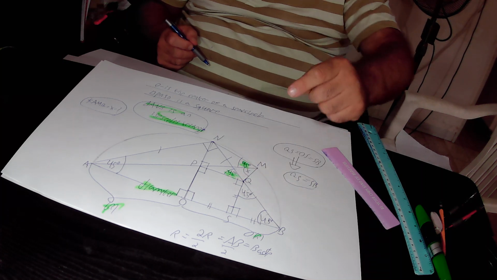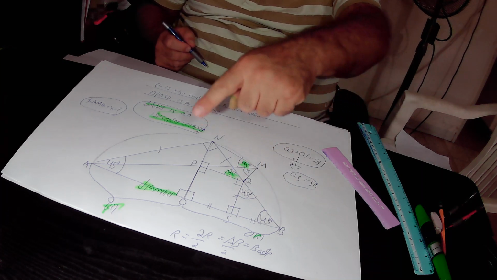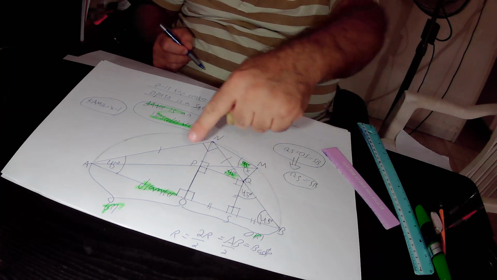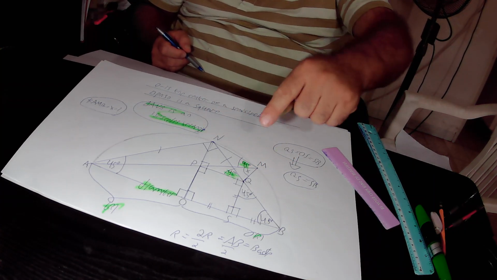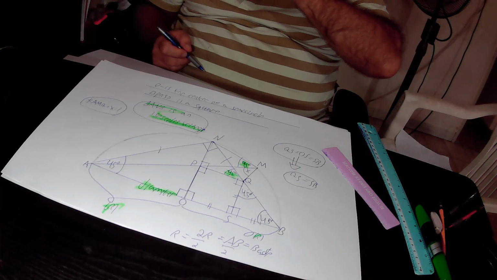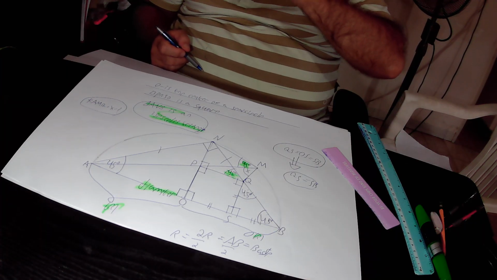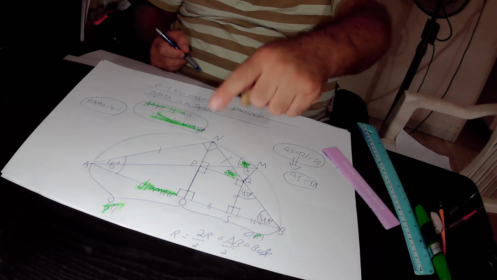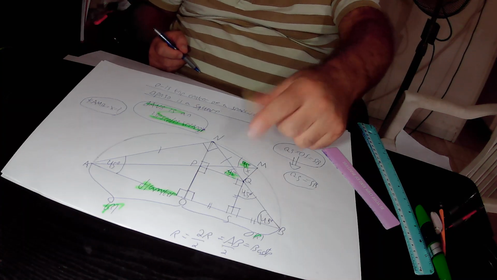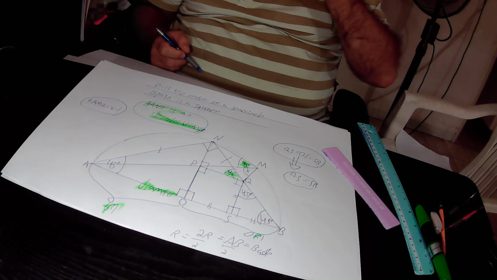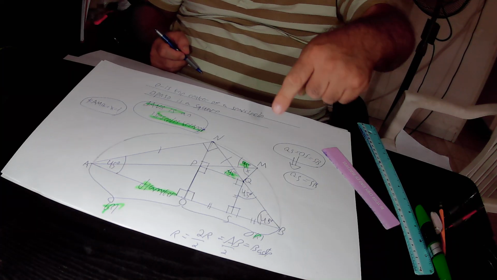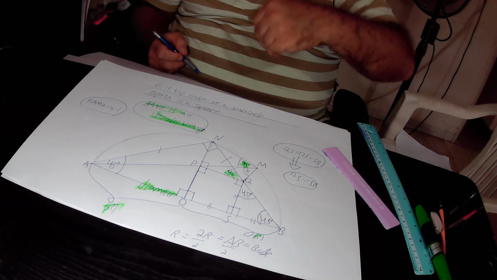Those two angles, angle NQP and angle NMP, are both equal to 45 degrees, and each of them subtends the base NP. Therefore, those two angles are cyclic angles. That is to say, we can enclose those two angles by a circle.